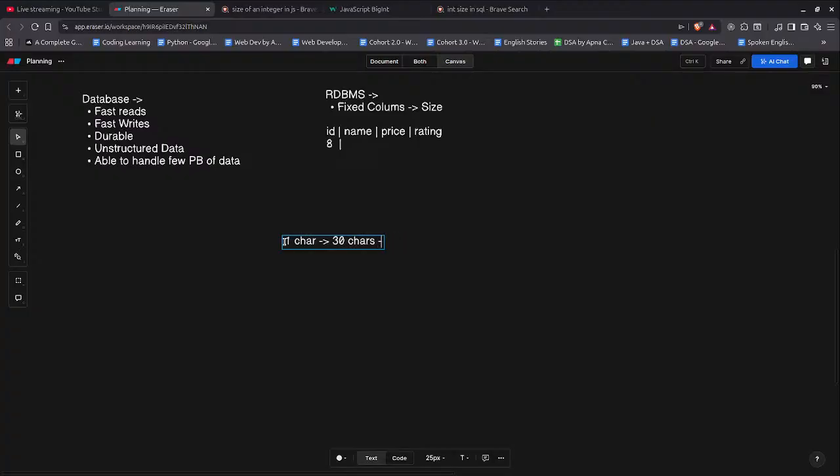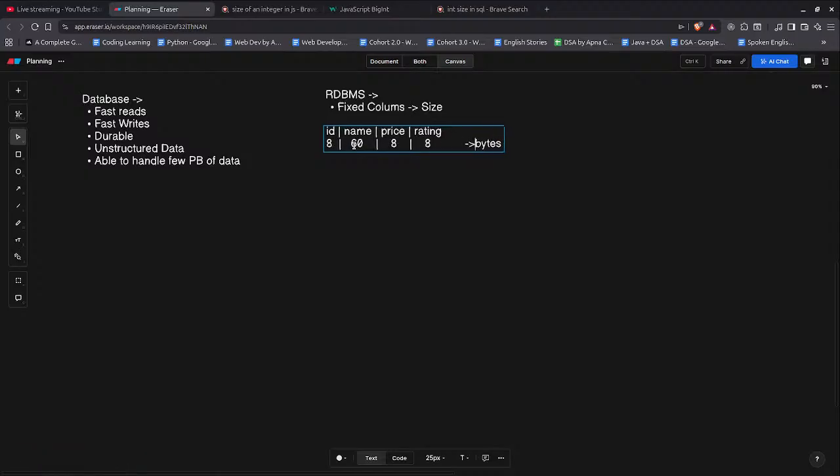Again, this is an assumption, it can be more or less, but overall this is how we go ahead. Price will definitely have 8 bytes only, and the rating will also have 8 bytes.